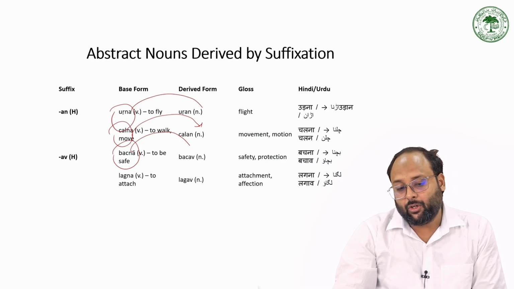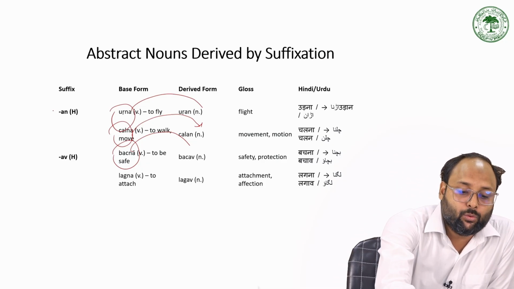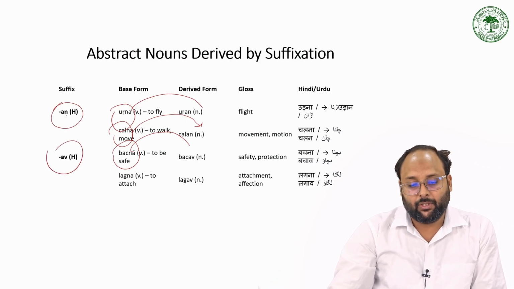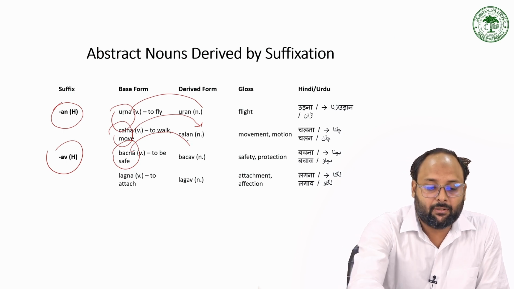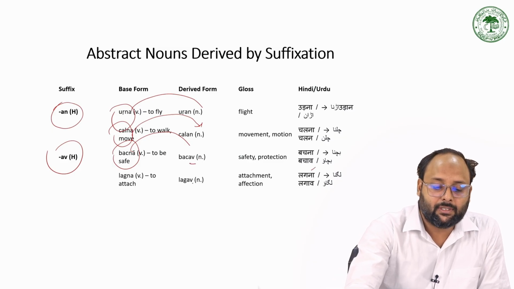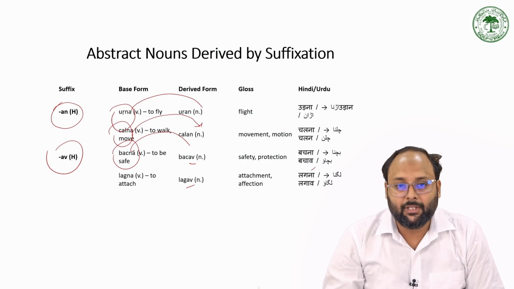So these are the nouns we are deriving from the verb by adding those two suffixes, sometimes an and sometimes av. In udan we have an suffix, in chalan an suffix, in bachao and lagao we have the av suffix to derive the noun.